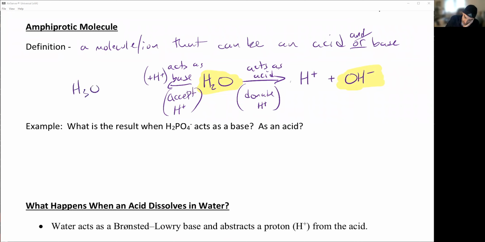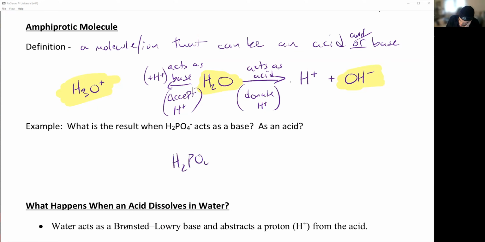It becomes H3O plus aqueous, it acting as a base. So I start with water. If it acts as an acid, it donates that H plus and becomes OH minus, or it can accept an H plus and become H3O plus. Both of those things can occur.